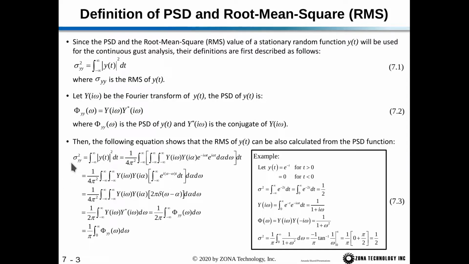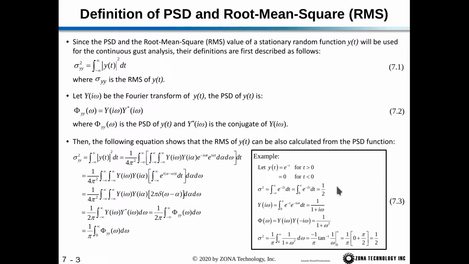So if we start with our definition from equation 7.1 and then substitute in for y of t squared this double integral and then simplify, we come back to where sigma yy squared is equal to 1 over pi of the integral from 0 to infinity of capital phi yy of omega.